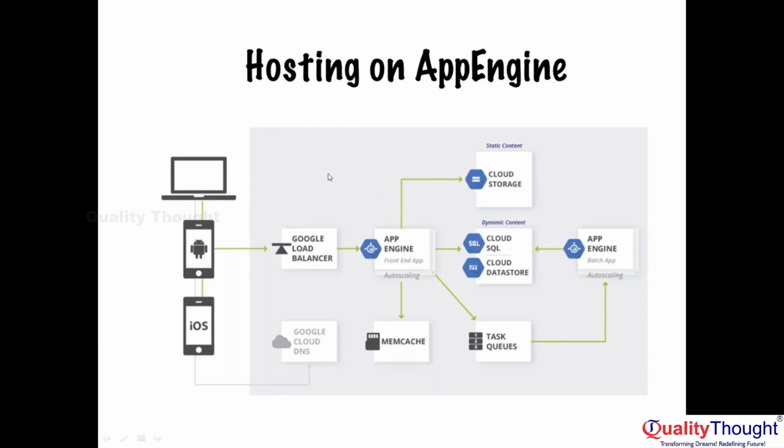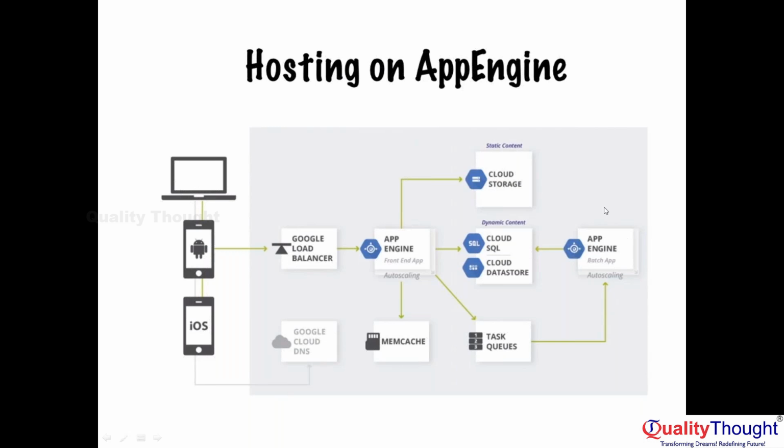In the middle we have App Engine. App Engine will internally use all kinds of systems: storage systems, databases, and static content. Any data available as static content in the web application containers, the application servers and containers, will also execute in the backend App Engine.